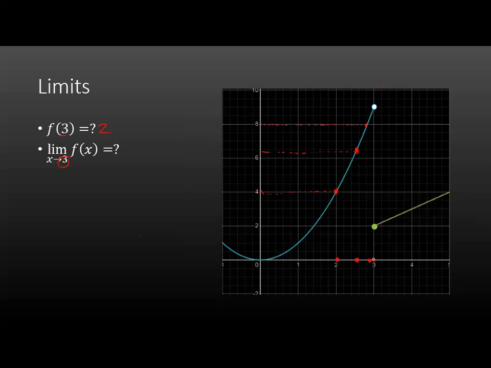Now let's make it even closer to 3, closer to the hole. This is actually 9. So from the left side, as x approaches 3, the result approaches 9. So on the left, it's 9.